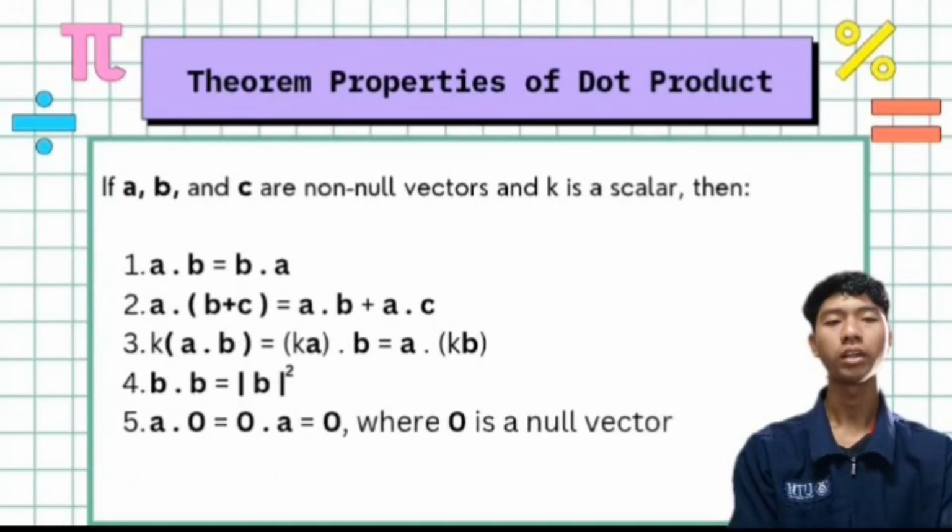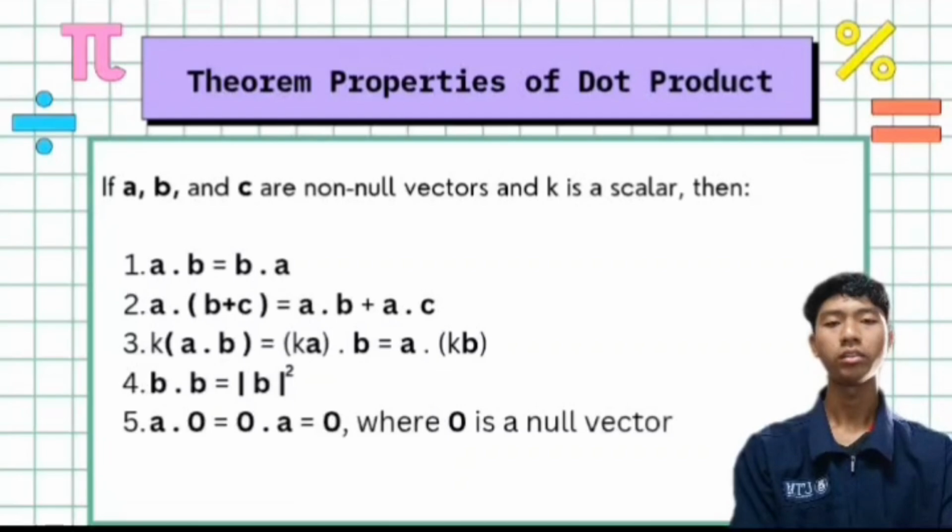The third one is scalar multiplication, which is K times A dot B equals KA dot B, and it is also equal to A dot KB. The next one is the magnitude relation, which is B dot B equals the magnitude of B squared.